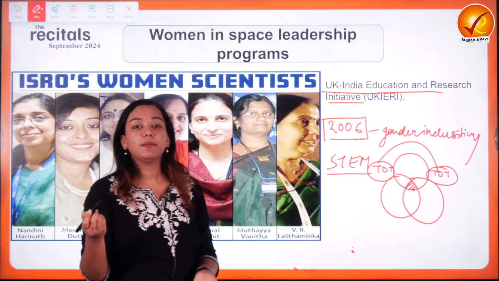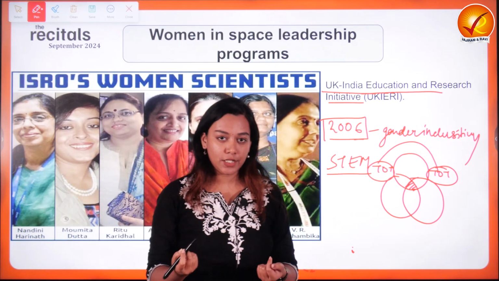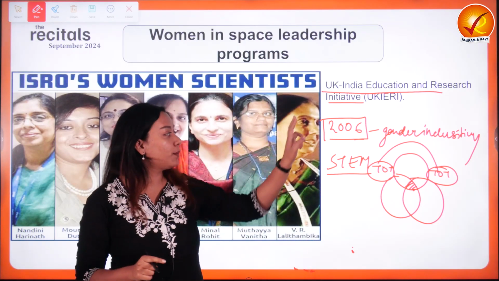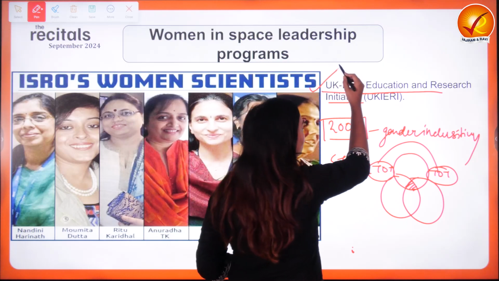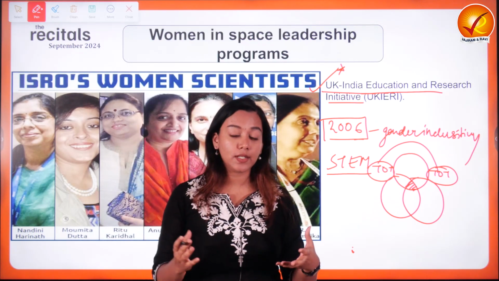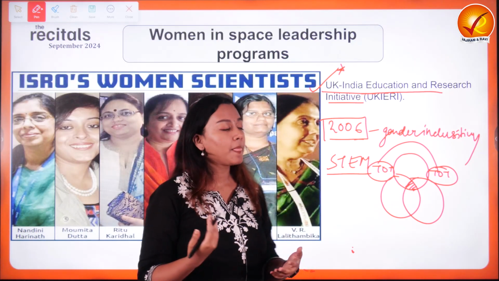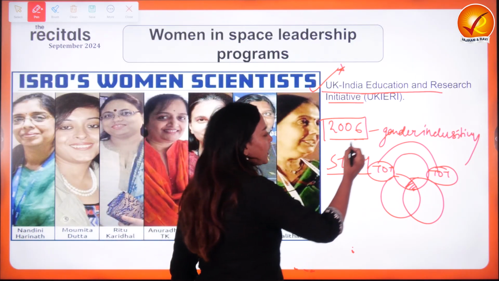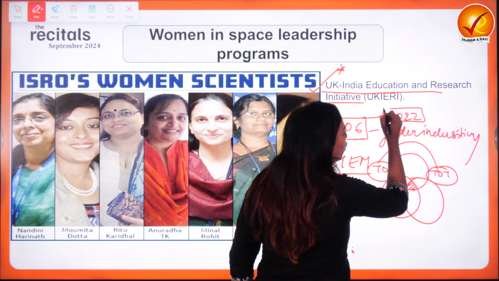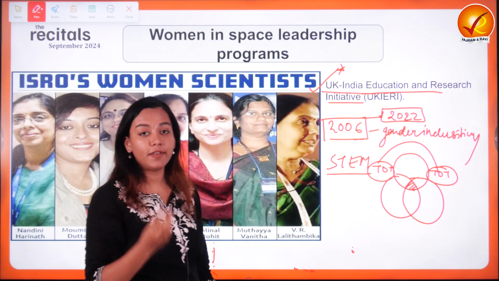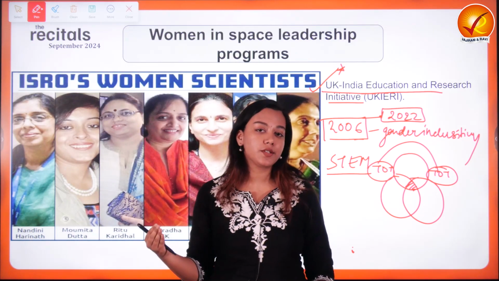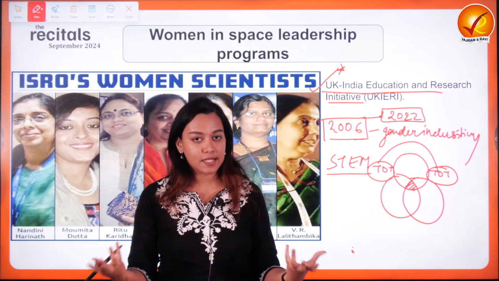So when in GS paper 2 we write about bilateral relations, if we are given a question on UK and India, please write about this one, because this has been a very successful initiative in promoting gender inclusive institutions in both the countries, but specifically in India. So it got launched in that year, and till 2022 it has gone through 3 successful phases, providing gender inclusivity in more than 200 institutions in both the countries' STEM institutes.